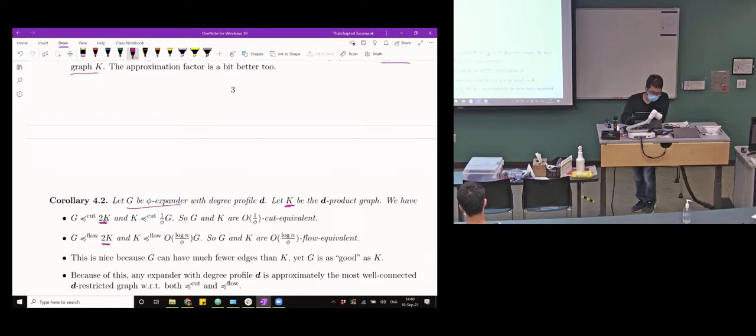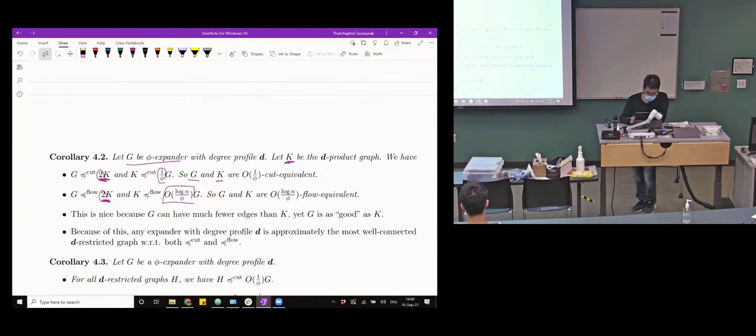K is really bigger than everything with a factor of 2. For the other direction, this is just from before, but instead of the square here, you don't have a square. So any expander and the product graph are equivalent with this factor.